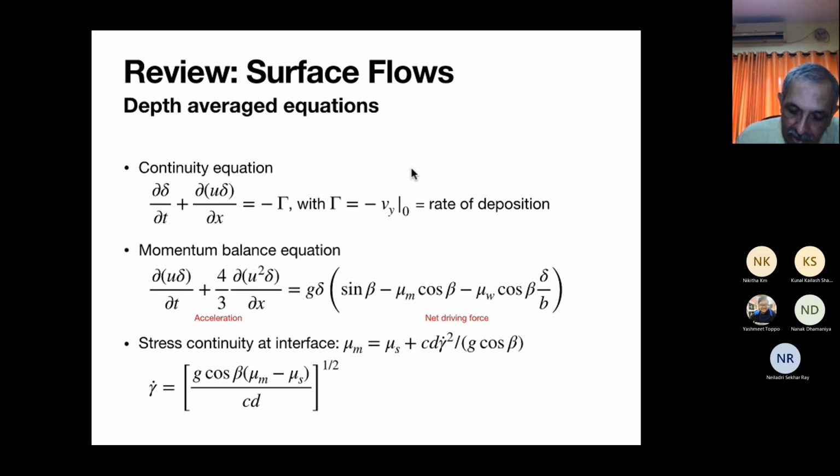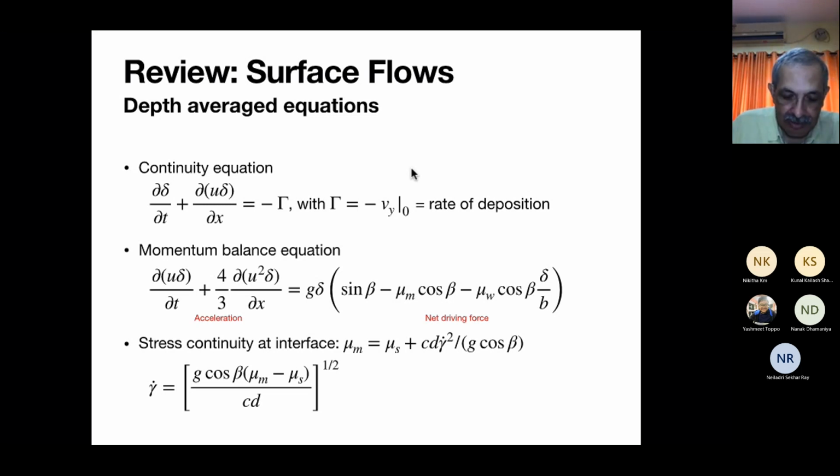So if you look at these model equations, then the parameters of the model are μm, μw, μs, and C. So these are parameters, you have to supply those parameters if you want to use this model. Everything else are variables which can be found out.